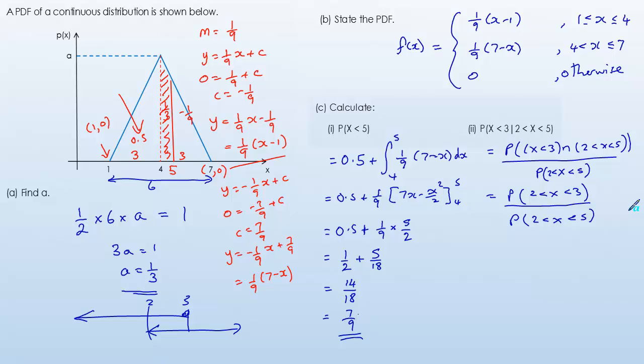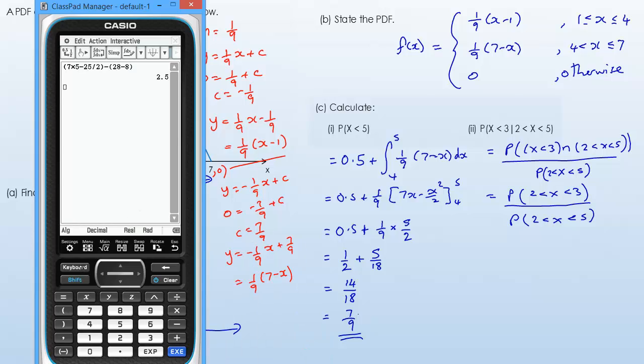So between 2 and 5, we already know this bit that I've shaded red here, that's the 5/18, isn't it? And then we're talking about 2 to 3, which is this bit here. So we'll use the calculator to help with this. So between 2 and 3, we know that we're dealing exclusively with this function here.